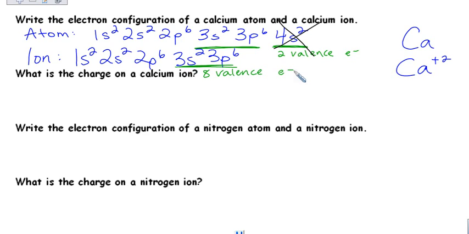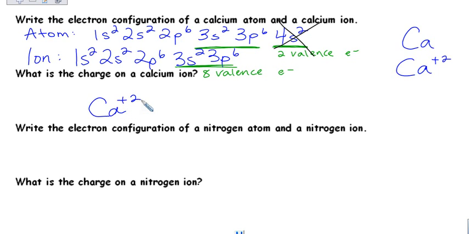And again, we said 18 electrons. That's normally argon. Well, yeah, now calcium has an electron structure that looks like argon, which is stable because all the orbitals are full. We have 8 valence electrons. The charge then on the calcium ion, we mentioned, is +2.